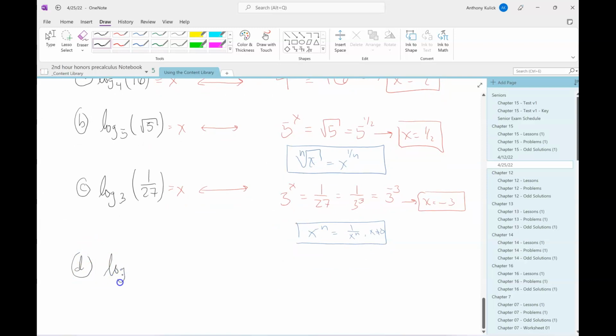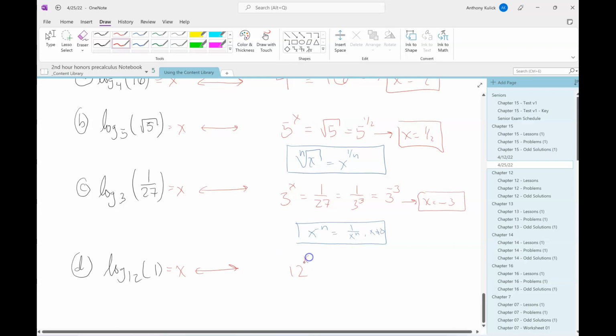Oh, this is a neat one. Log base 12 of 1. Again, we'll say that's x. So if I write this as an exponential, what's the exponential equation I'd write here? 12 to the x equals 1. So what's x have to be here? 0.